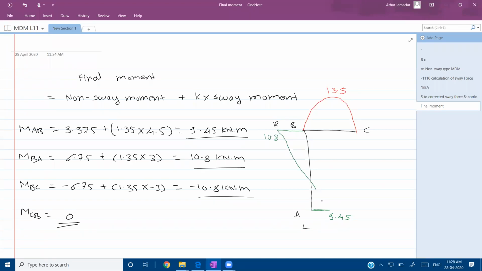Just join these 2 points. For MBC, now B is the left support and C is the right support, so left support negative moment is above the baseline, and the support C moment is directly 0. The portion of the BMD above this line will be positive, below this negative. So this is your final bending moment diagram for this sway type frame.